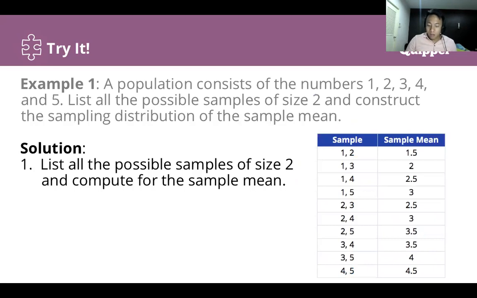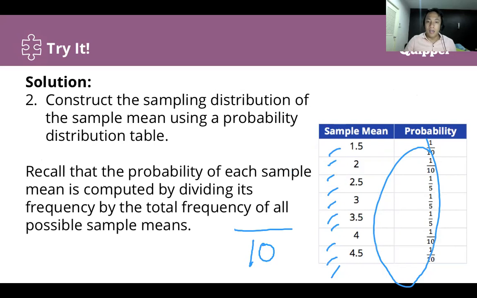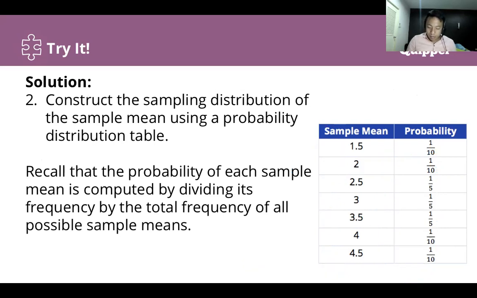We have 1, 2, 3, 4, 5, 6, 7, 8, 9, 10. We have 10 sample means, right? So automatically, we have 10 as our denominator. Yung sinasabi sa pangalawa kanina. Okay? So if we have a 10 as denominator, then we will just compute the upper part.